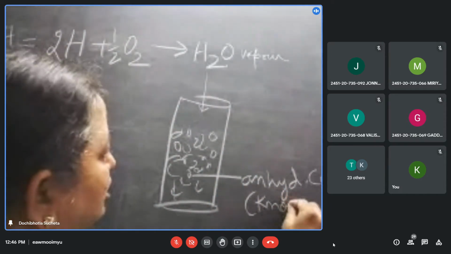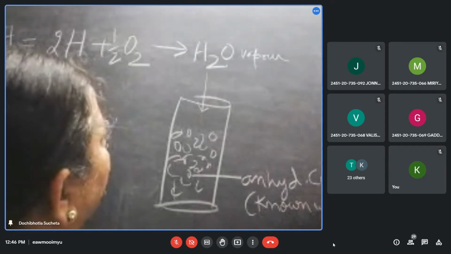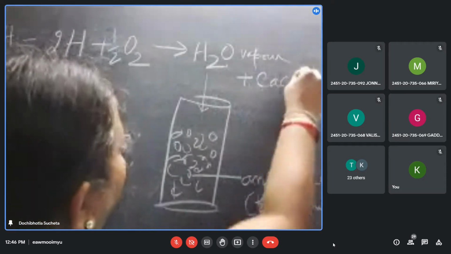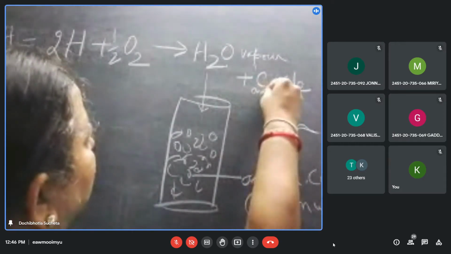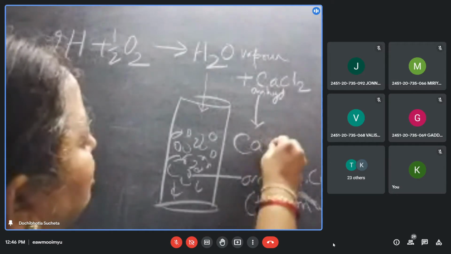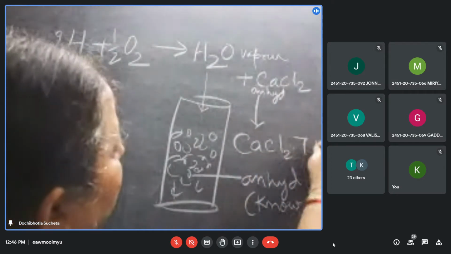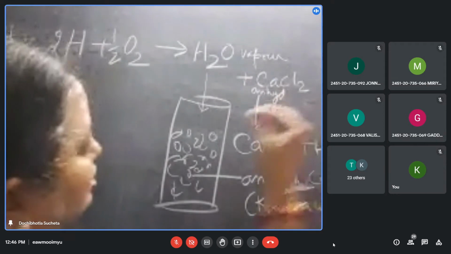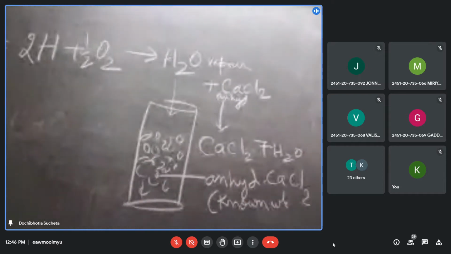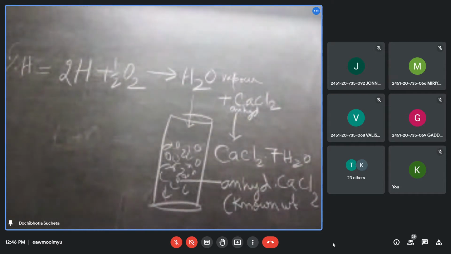I have already measured its weight. What will happen? H2O in the presence of anhydrous calcium chloride will hydrate the salt. Calcium chloride heptahydrate is formed in the process. There is an increase in the weight of the bulb once again. I'll get the weight of the bulb and find the percentage of hydrogen.